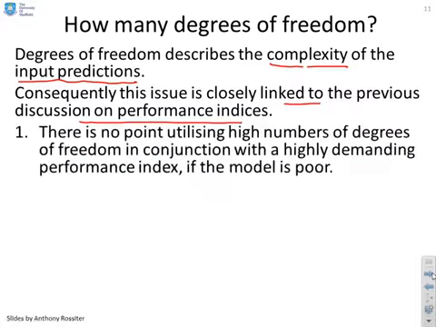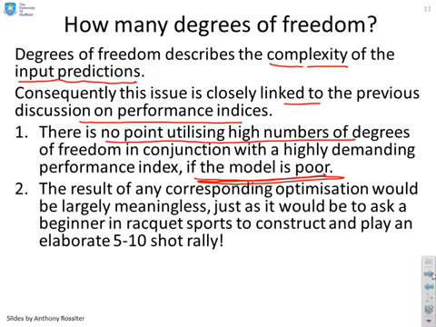So here, there is no point utilizing high numbers of degrees of freedom, that is having a high degree of flexibility in what input trajectories you might choose, if your model is poor. So if you imagine the racket sports player, all they can manage is just about getting the ball back. It's no point planning a strategy of 4 or 5 shots ahead, because they're simply not up to it. Their model does not cope with it.